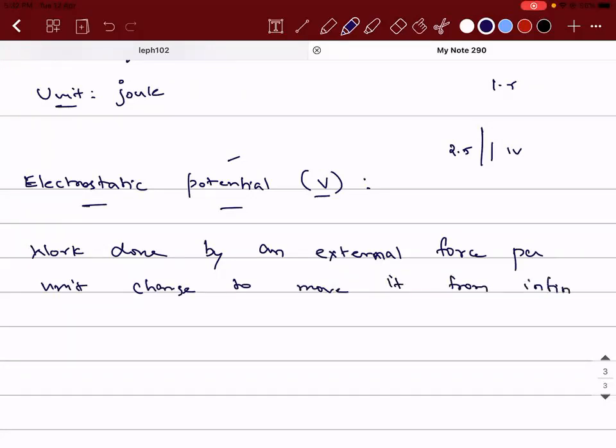The same infinity to a point in the electrostatic field. Isn't it confusing?